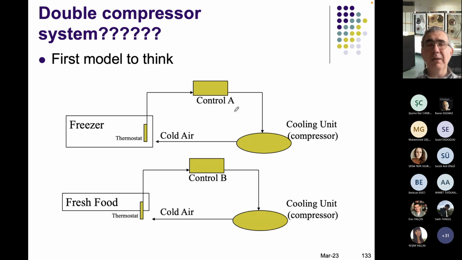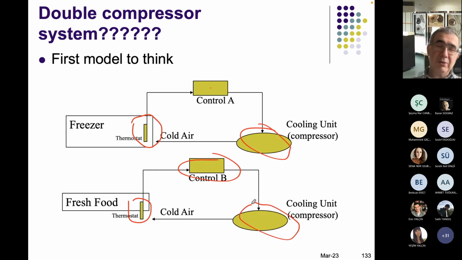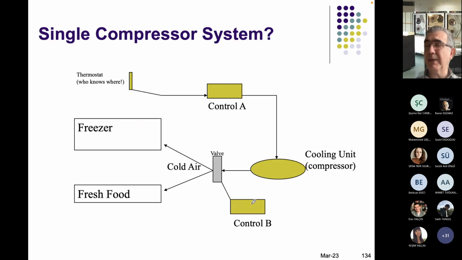So in the first model, people think that there are two different units that can be controlled independently. They think that there are two thermostats, two different controls and two different cooling units, which is not the case. But they think this way and they want to control this way.